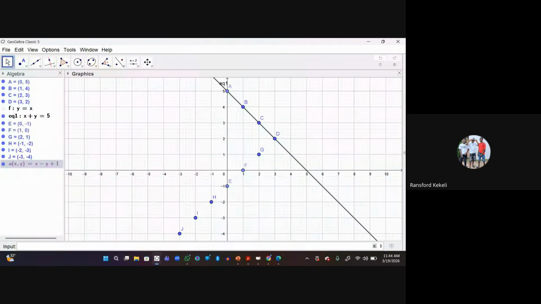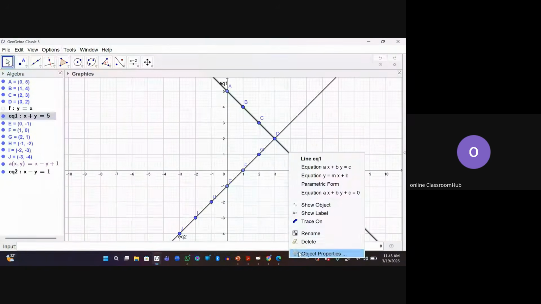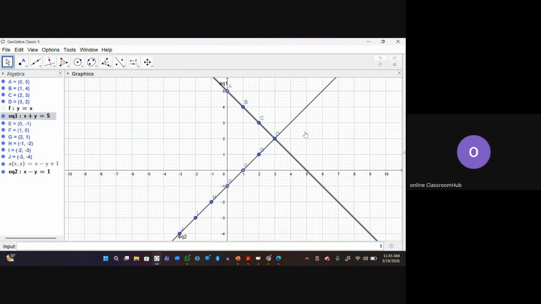X minus y equals 1, yes. So that is our line over there.